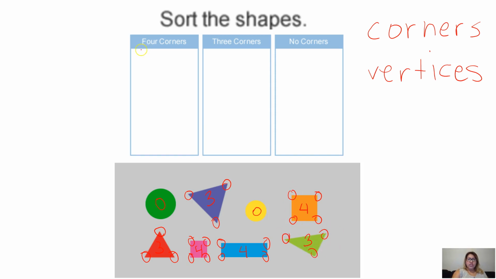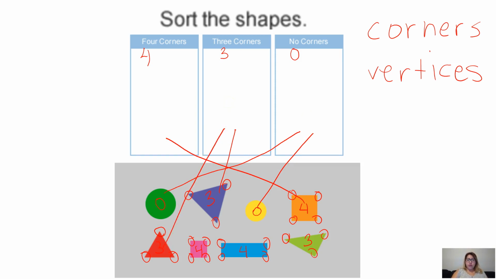Okay, so these shapes have 4 corners. These shapes have 3 corners, and these shapes have 0 corners. So the circle has 0 corners. The triangle has 3 corners. Circle, 0 corners. Square, 4 corners.